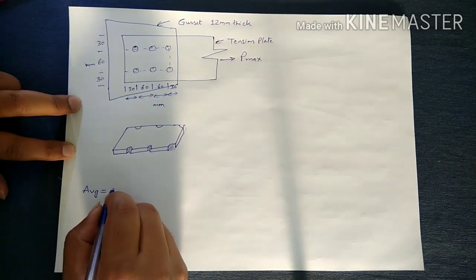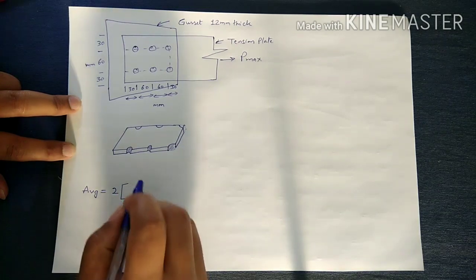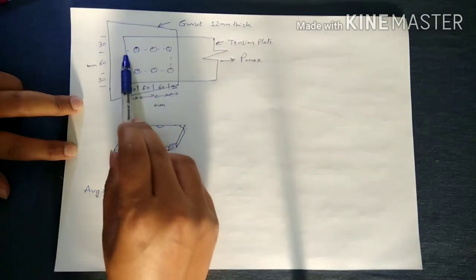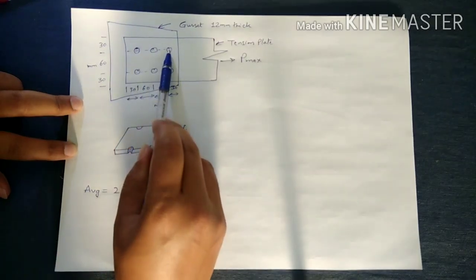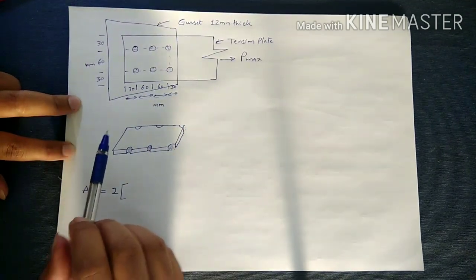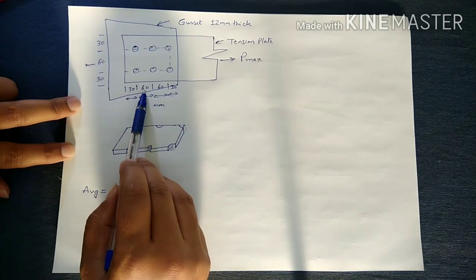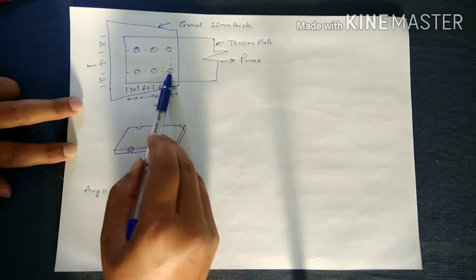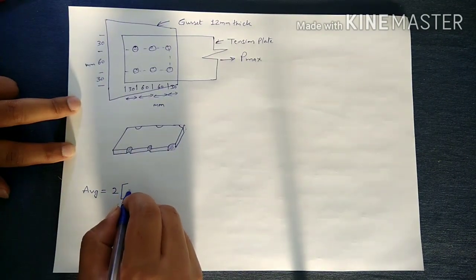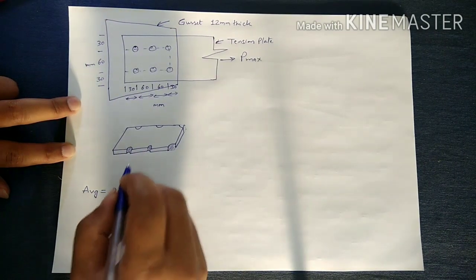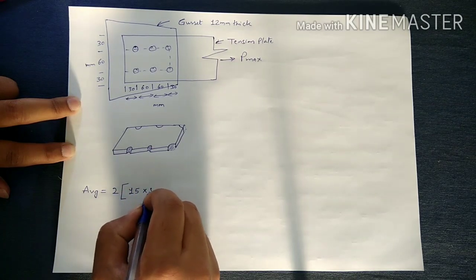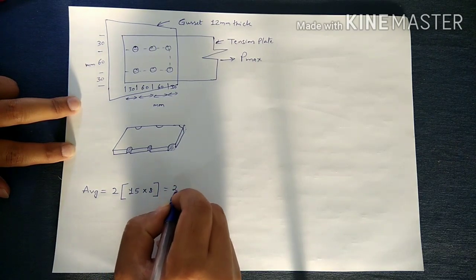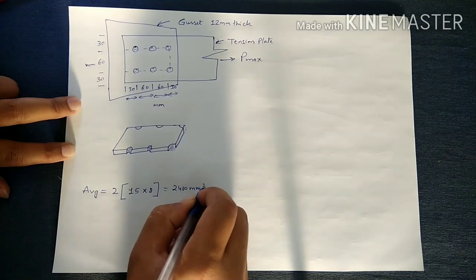So first we will multiply 2 here. Then we are not considering any of the holes, so we will measure from here to here as its length. So it is 60 plus 60, 120 plus 30. So from here to here it will be 150, and the thickness is 8 mm. On solving this, we get 2400 mm square.